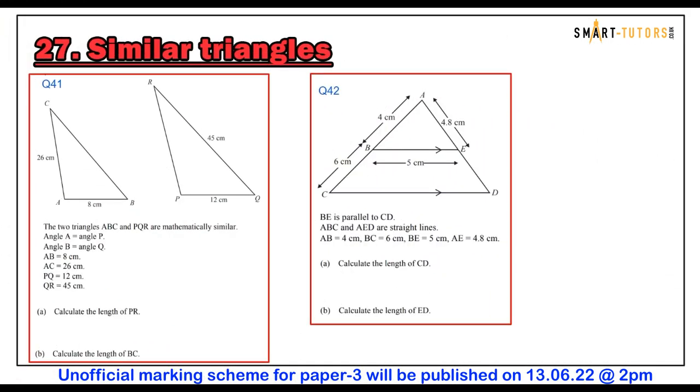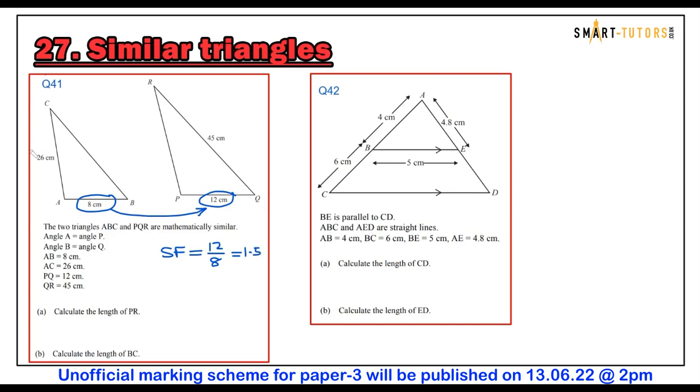Topic 27, similar triangles. In similar triangles, you need to find the scale factor. If you look at ABC and PQR, the 12 and 8 are the corresponding sides. So the scale factor SF equals 12, the bigger side, divided by 8, which gives 1.5. What does that mean?